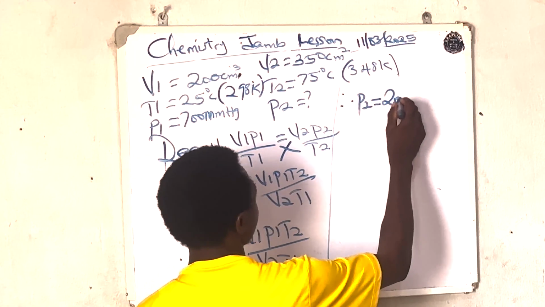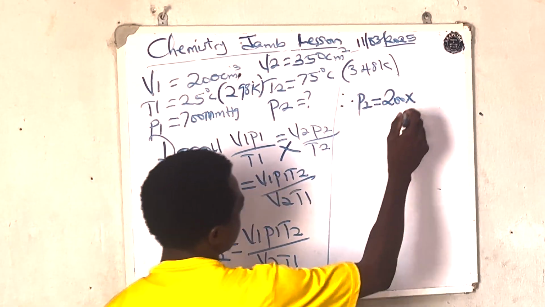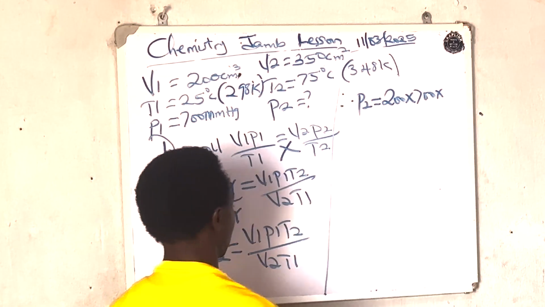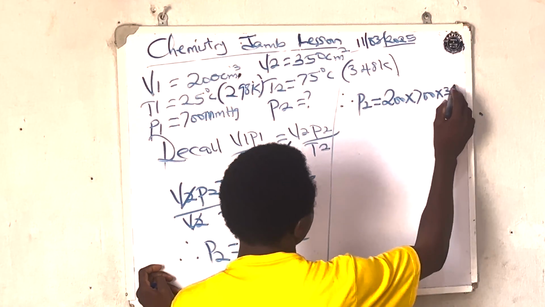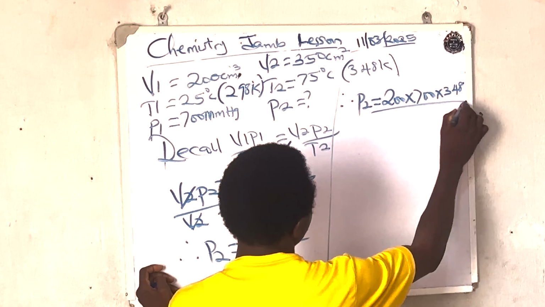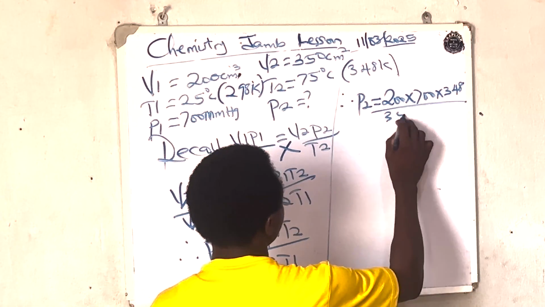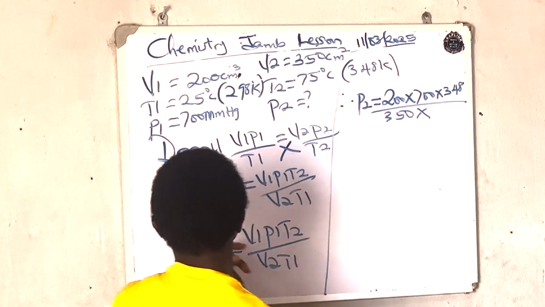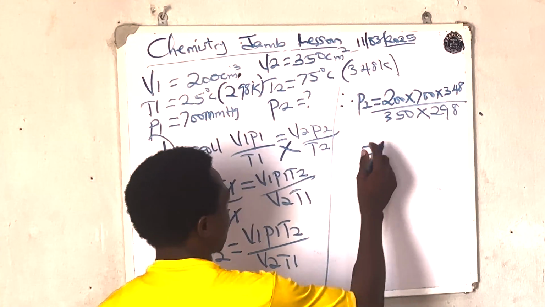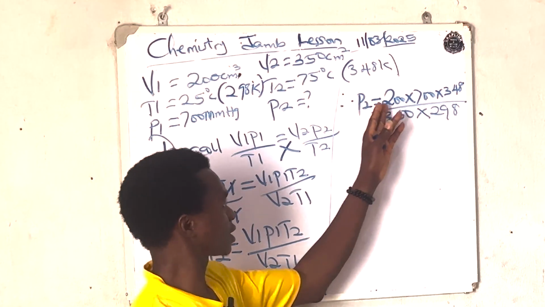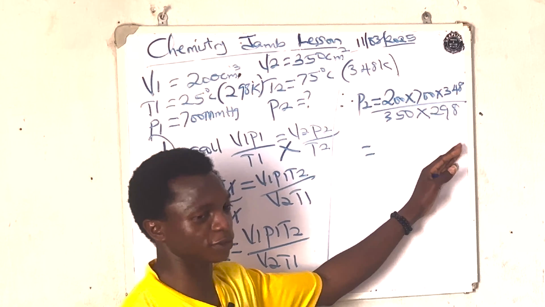So this is 200 times our P1, 700, times T2, 348, all over our V2, which is 350, times T1, 298. Now all you need to do is multiply all the numerator together, multiply all the denominator together, and divide.